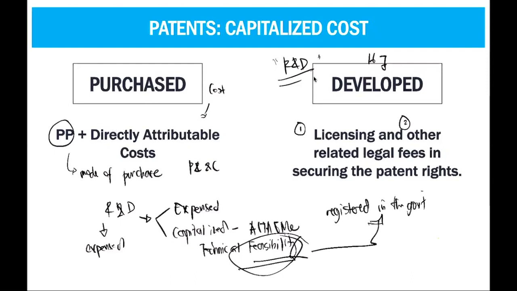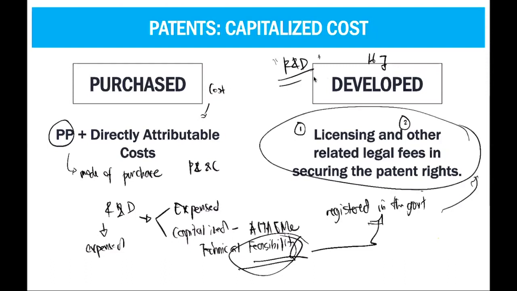What are the costs normally on the registration? That is your licensing and other related legal fees. Take note again, we can only make use of the patent upon registration and upon approval by the government. Therefore, once approved, we can say there is feasibility as to our use of the patent.